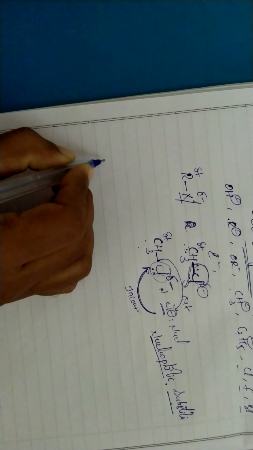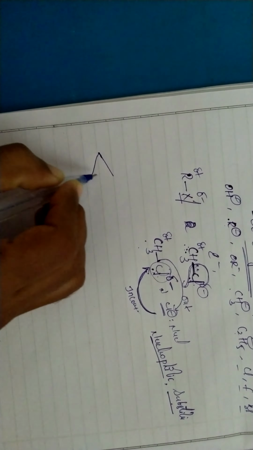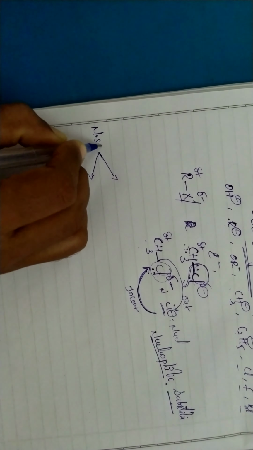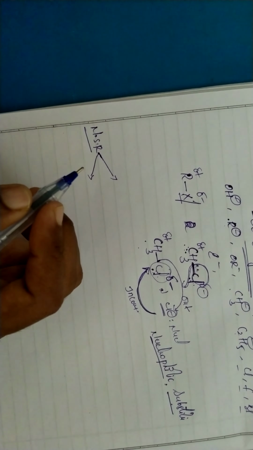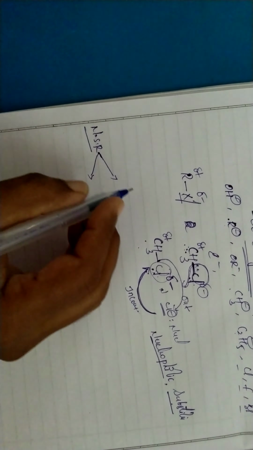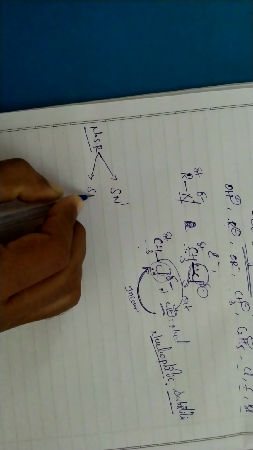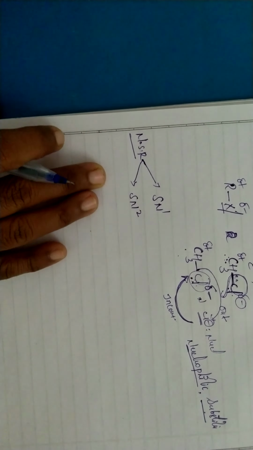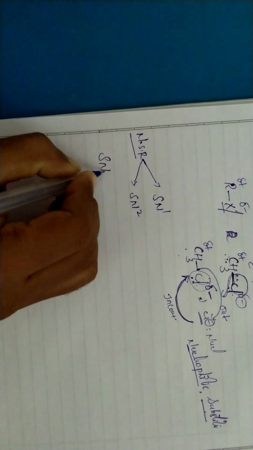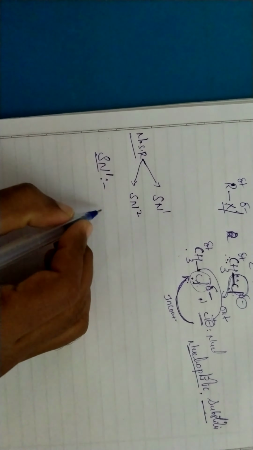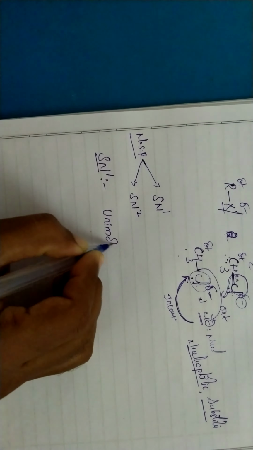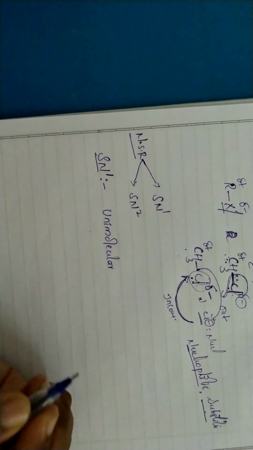Again, these nucleophilic substitution reactions, NSR, are divided into two types: SN1 and SN2. We'll see them one by one. First we will discuss SN1. Here 1 represents unimolecular.